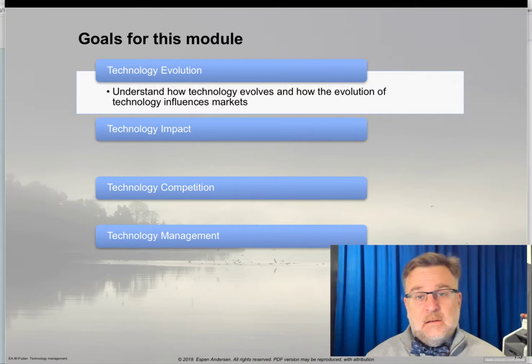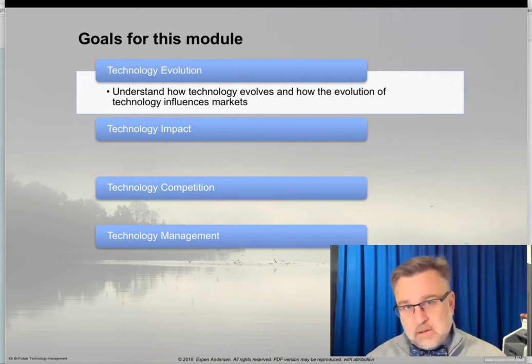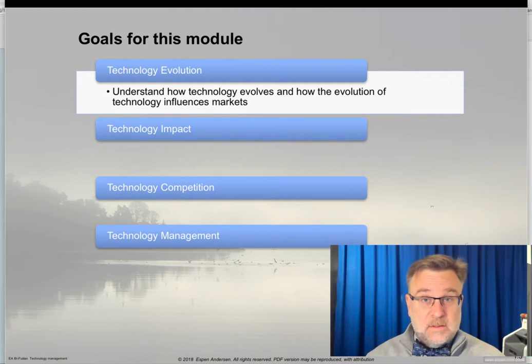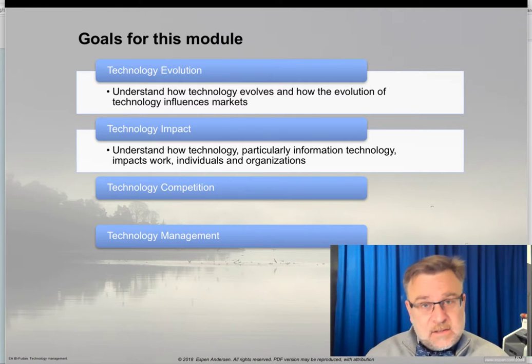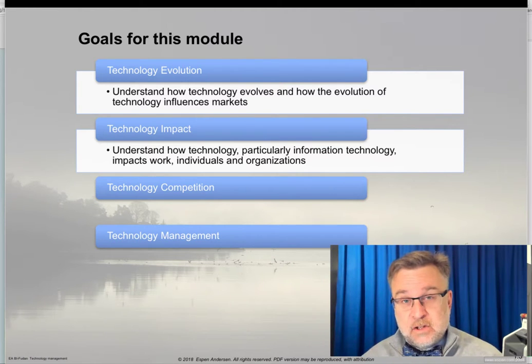So some detail here. In technology evolution, you're trying to understand how technology evolves, and there are mechanisms and you can understand them. There's a good literature out there about how technology evolves over time and how that influences markets. Technology impact, and that is understanding how technology, in particular information technology, impacts work, individuals, and organizations.